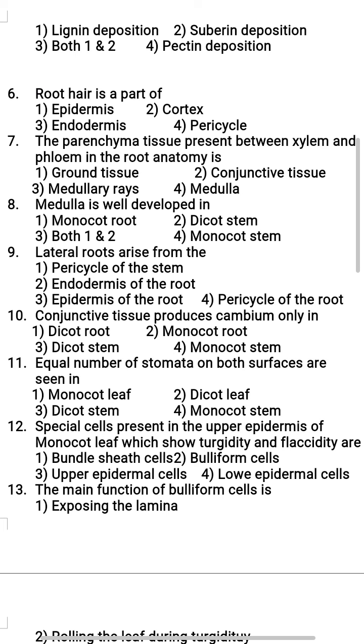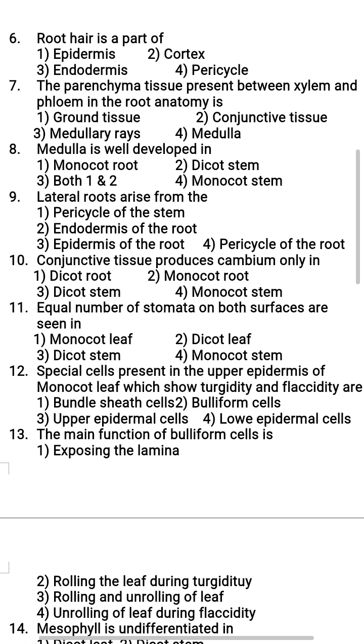Let us see one important point about it. Many of the epidermal cells protrude in the form of unicellular root hairs. So they are formed from the outermost layer, the epidermis. Understand? This is a very important point. Please make a note. Next, seventh question.